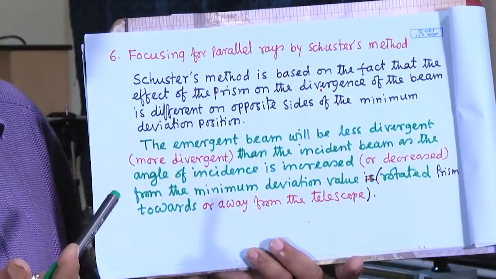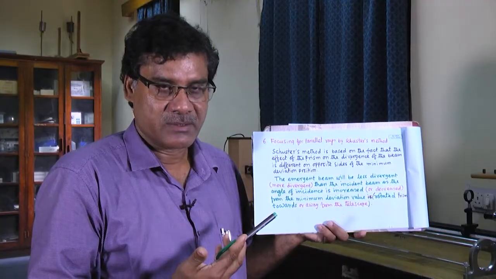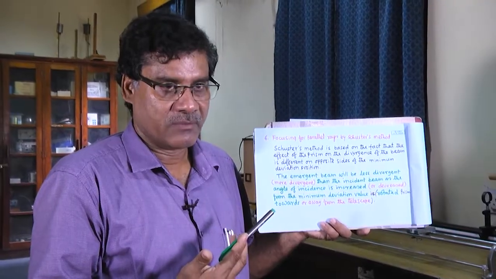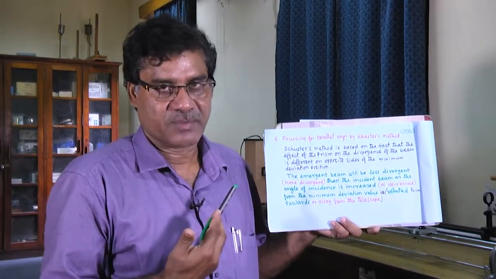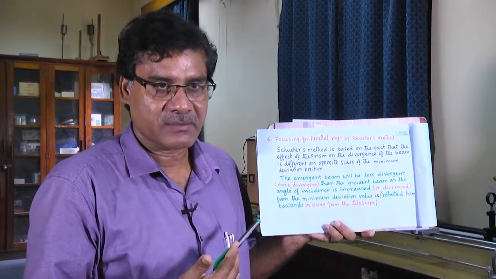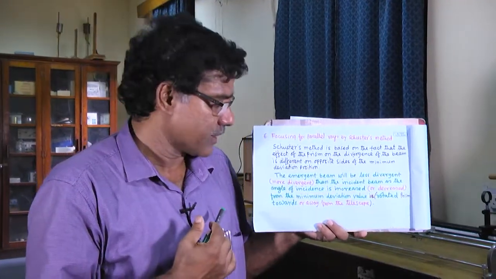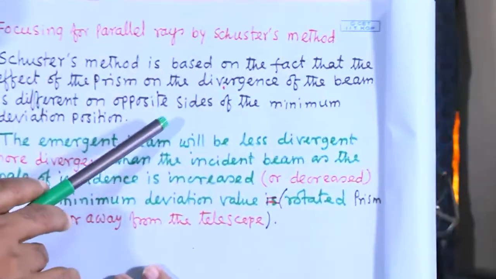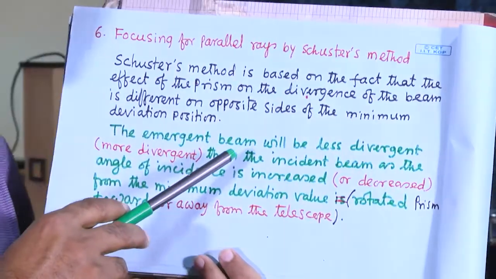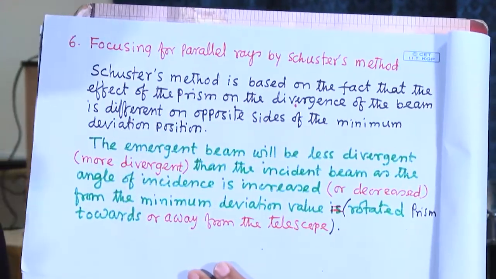For a prism, these are the characteristics, having the angle of minimum deviation. Each prism has a particular angle of minimum deviation for a particular wavelength, of course, so it depends on wavelength. At the angle of minimum deviation position, the effect of the prism on the divergence of the beam is different on opposite sides.